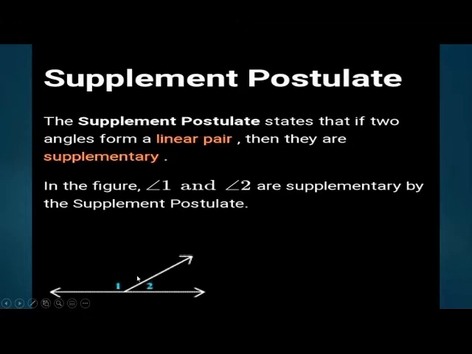Whenever there are two angles which make a linear pair, they are supplementary. Supplementary means that both sum up to 180 degrees. In this figure, you can see angle number 1 and angle number 2 are both on the same line, so they sum up together to make 180 degrees. So both angles are supplementary.